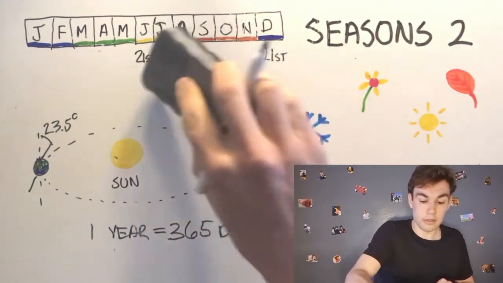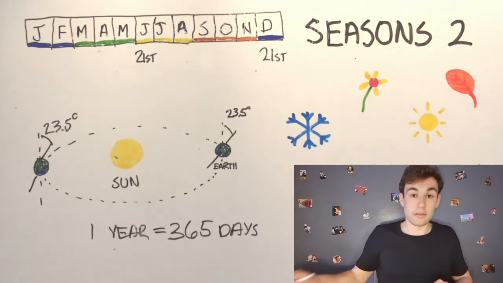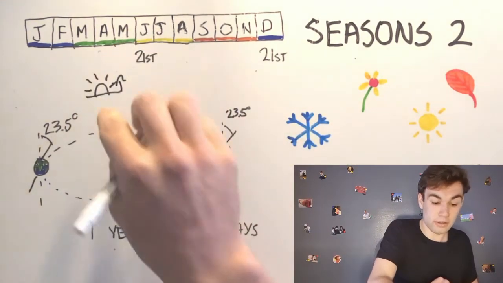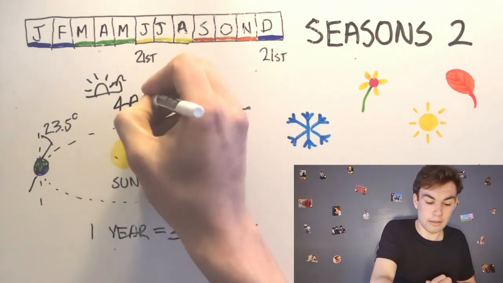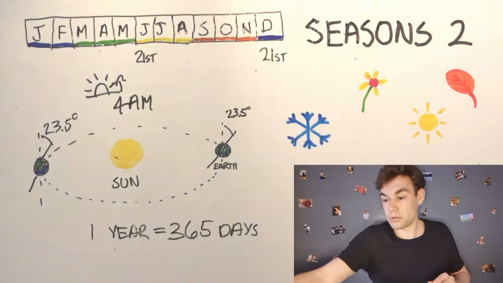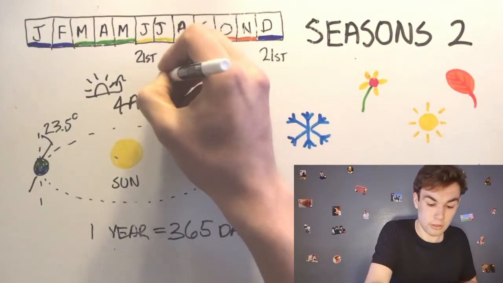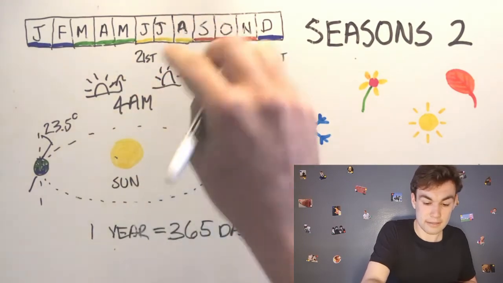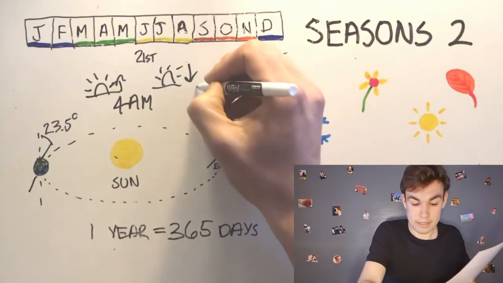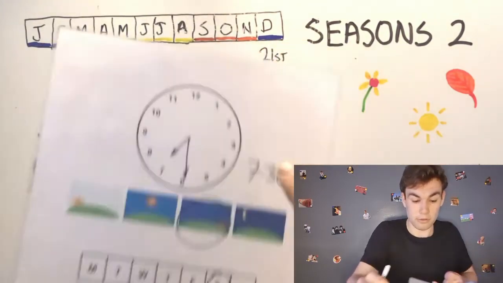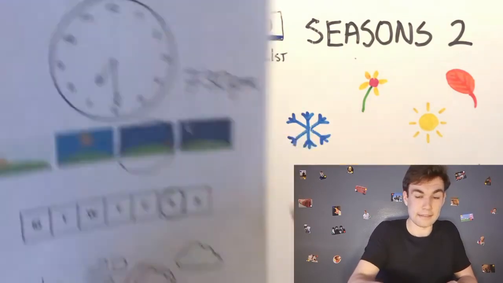In the UK, the sun rises at about 4 in the morning, and the sun sets at about 10 in the evening or 10 at night.